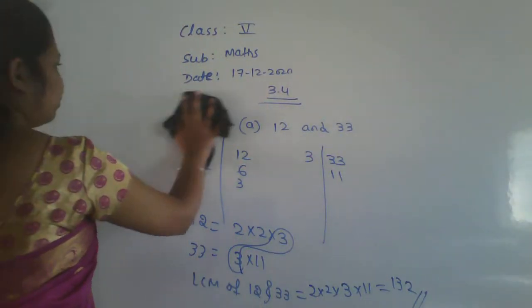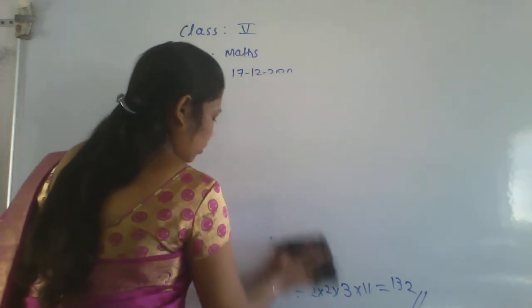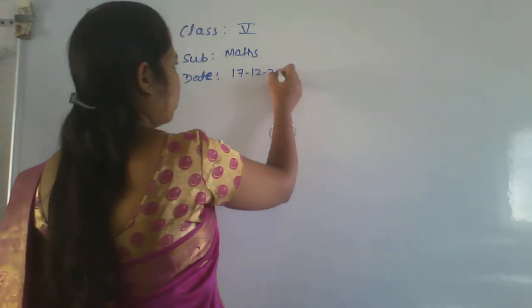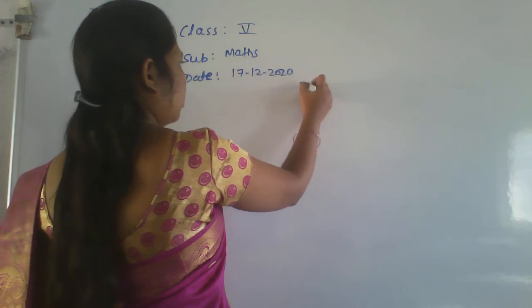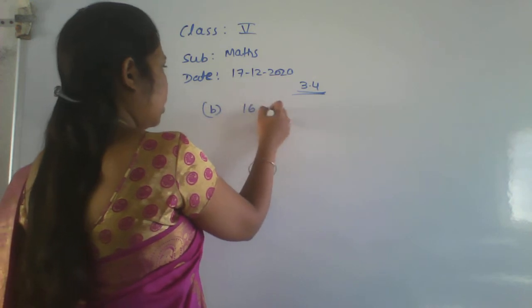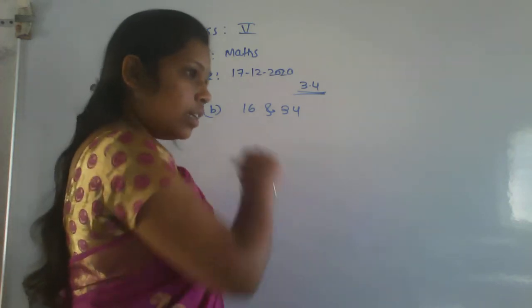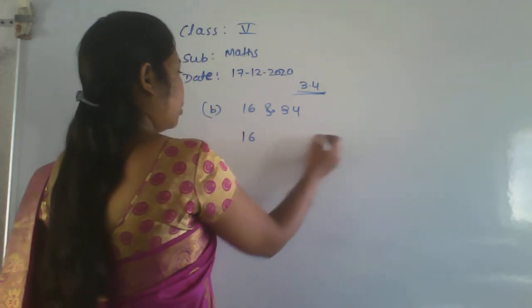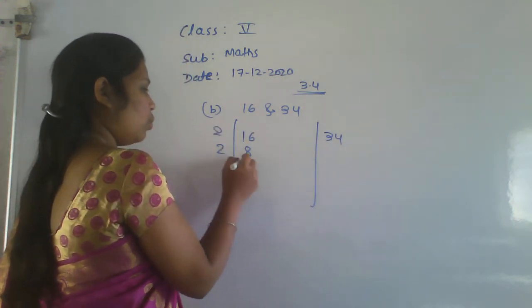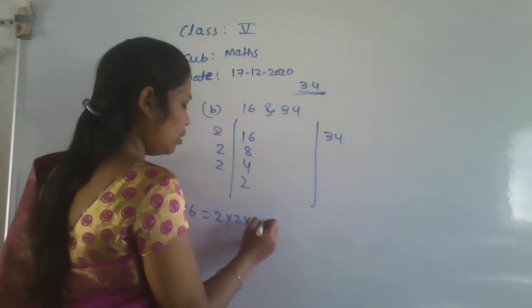16 and 34. First take the prime factors. 16 can be written as 2 into 2 into 2 into 2.